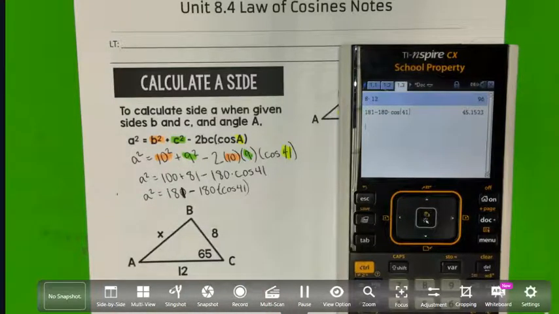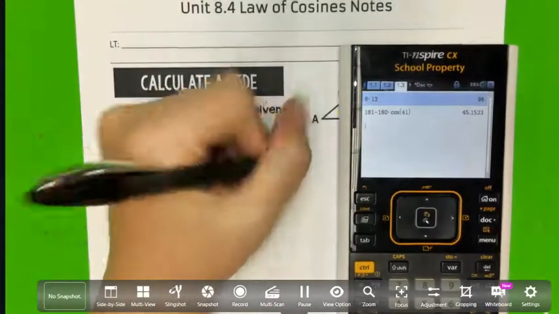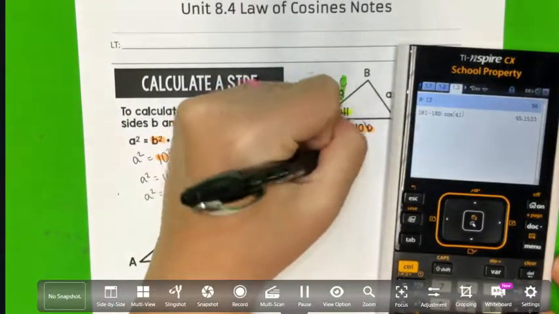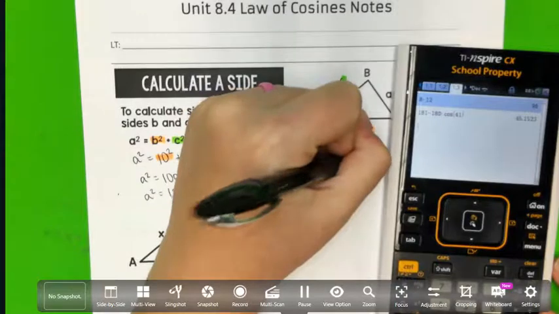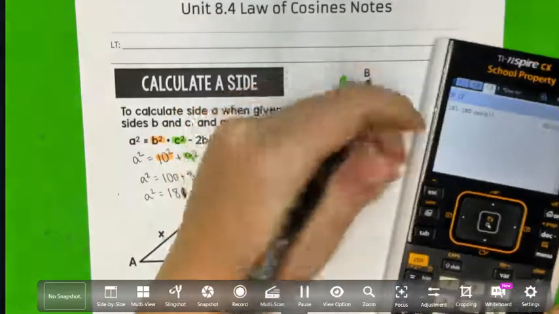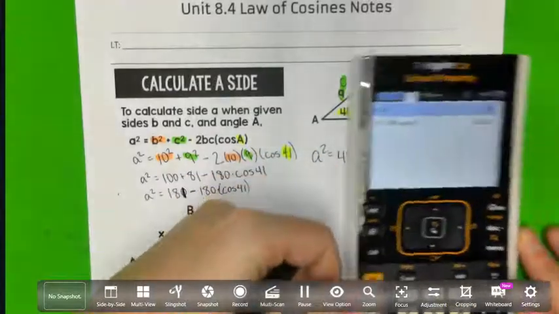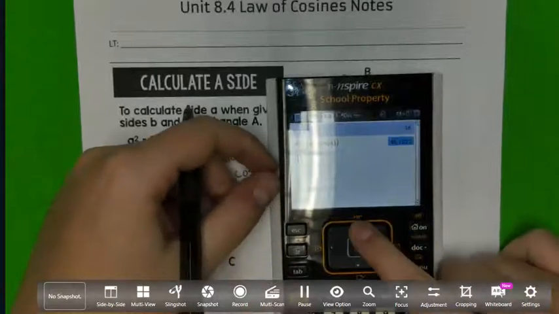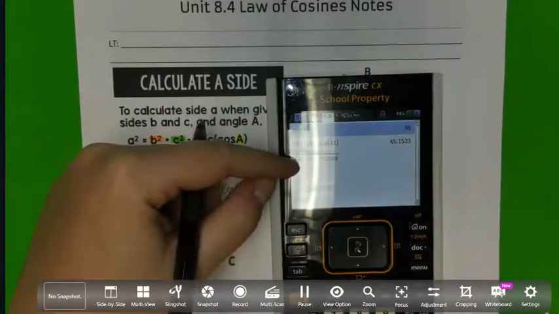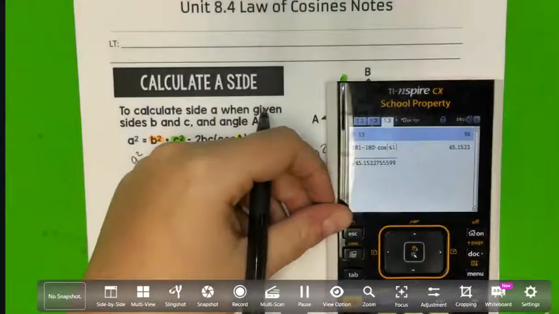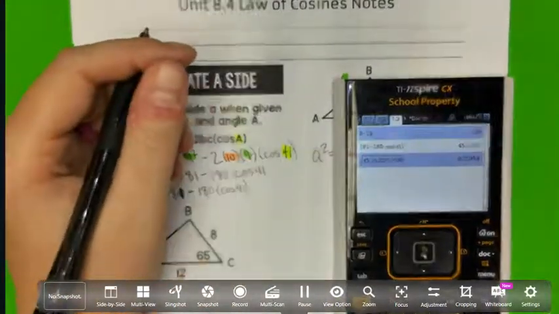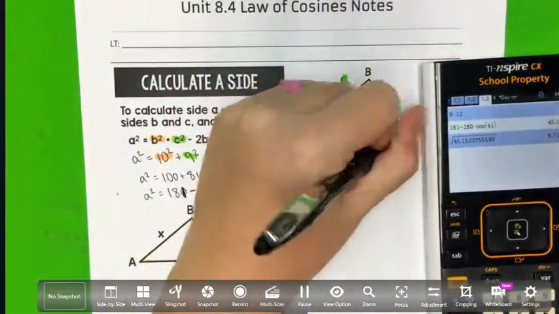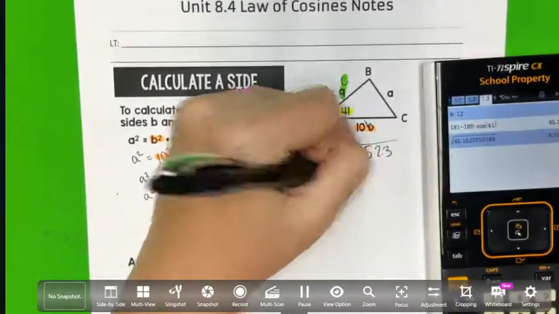One mistake people make is forgetting that this is actually A squared. So A squared is 45.1523. What you want to do is take your square root, and you get approximately 6.7. So square root of both sides, A is going to end up being 6.7.